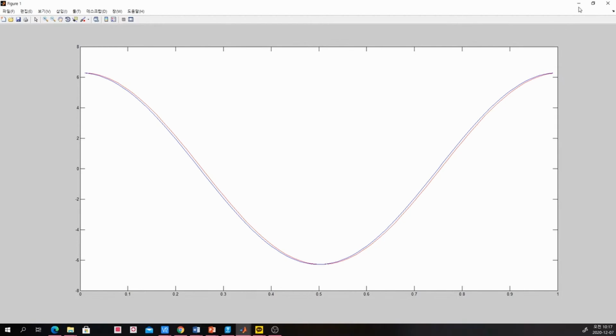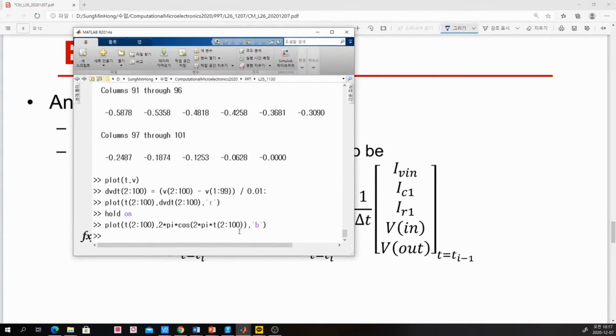Then let me repeat this with a much smaller number of discretized points.